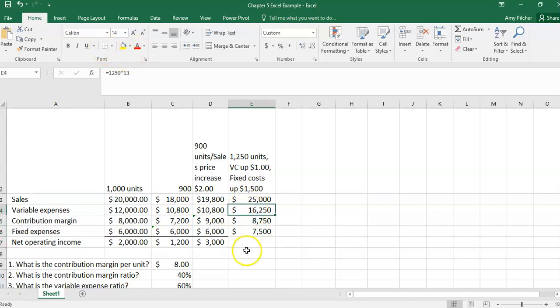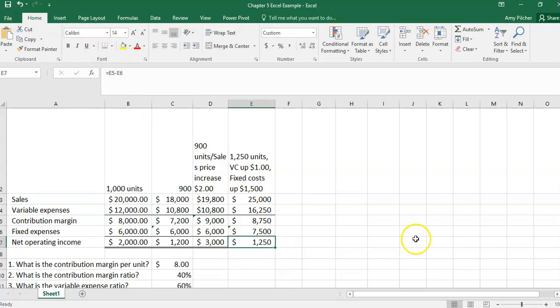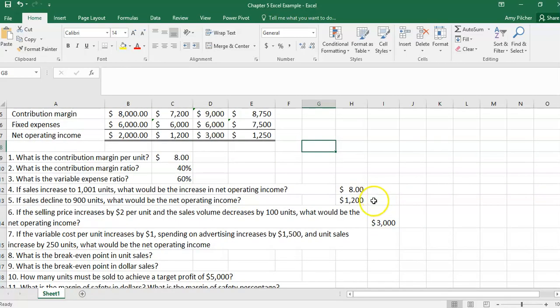Now our operating income is $1,250. So our operating income actually decreases. So even though we sell a lot more units, because we increased costs, our total operating income is going to decrease.